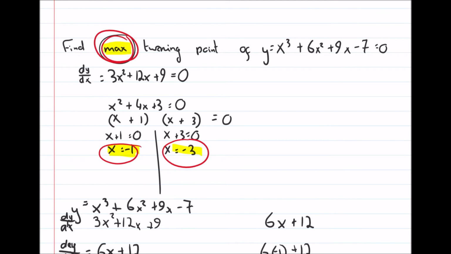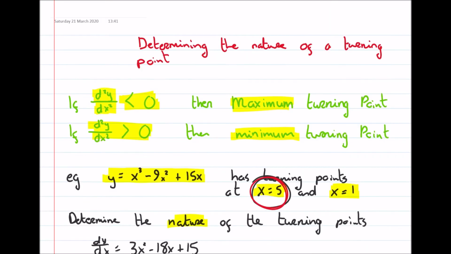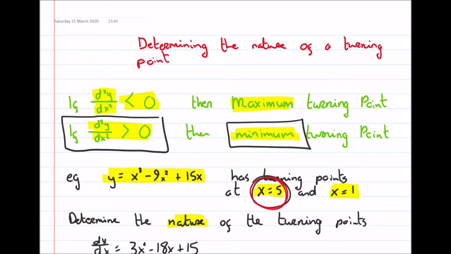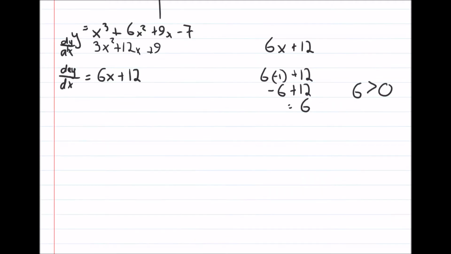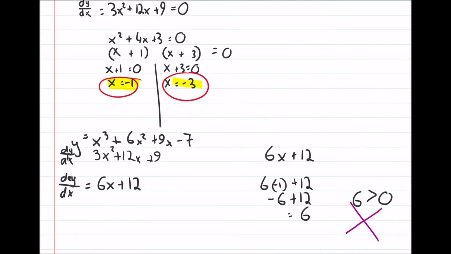When it's greater than 0, it's the minimum point. We don't want that. We wanted the maximum point. So obviously then x equals minus 3 will be the maximum point.